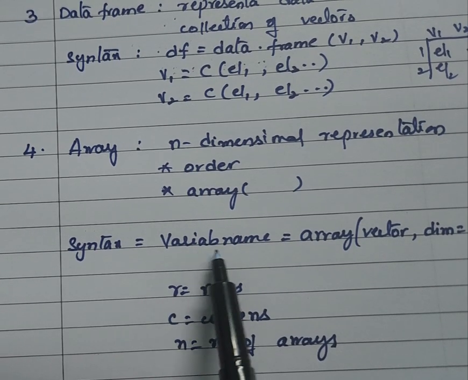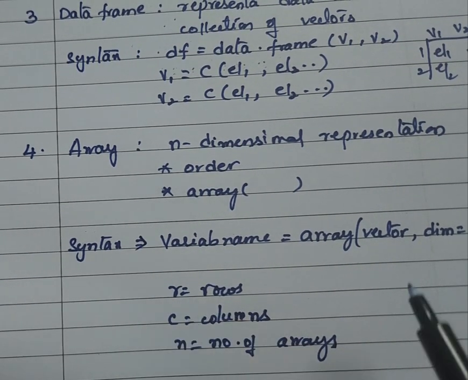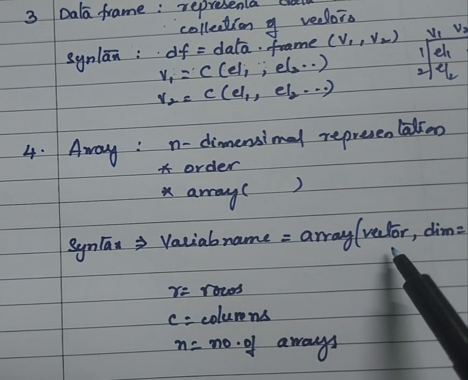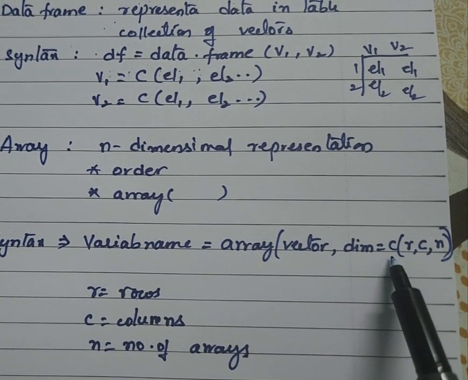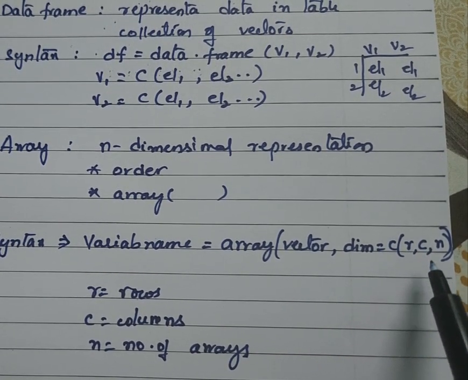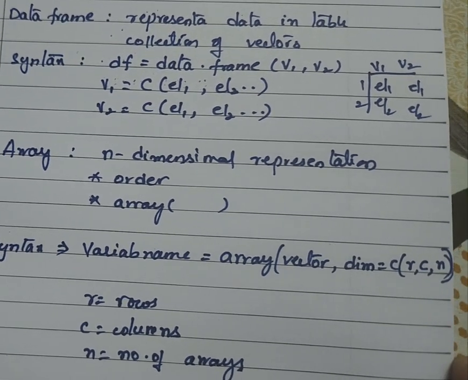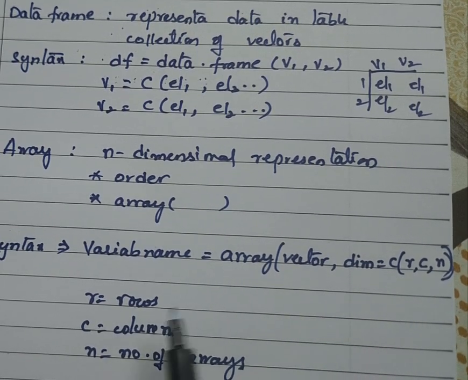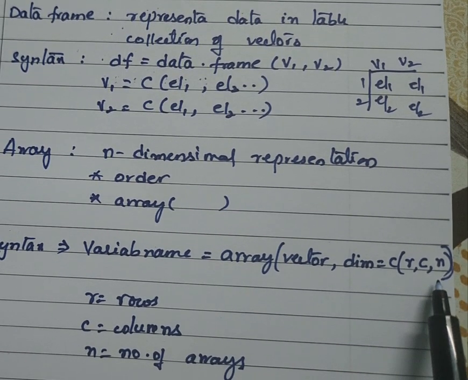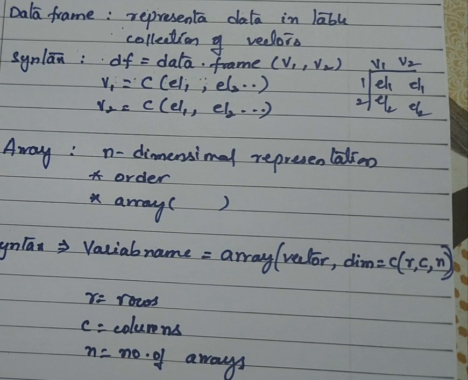So this is the syntax: variable name equal to array, vector, dimension equal to c of R, C, n. Here R is rows, C is columns, and n is number of arrays.